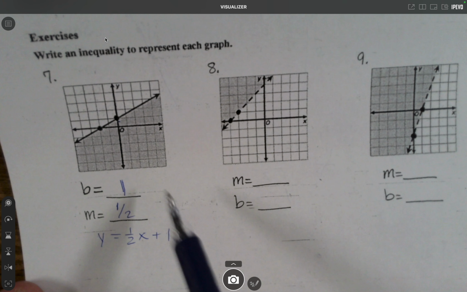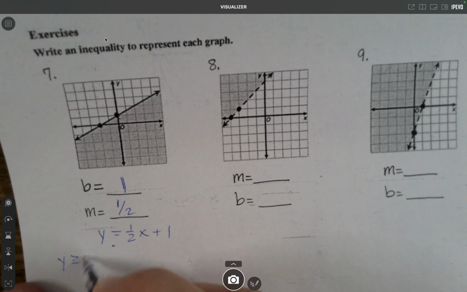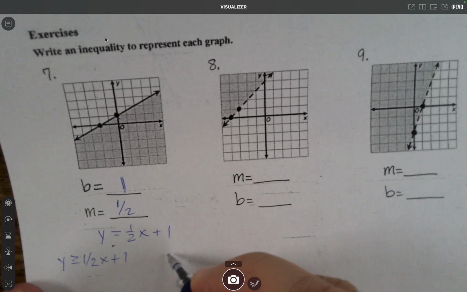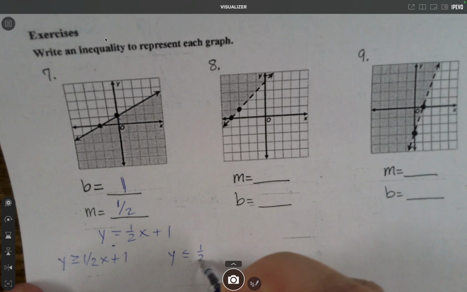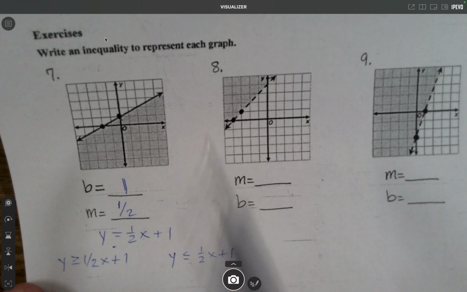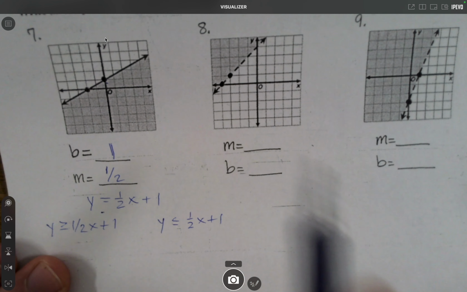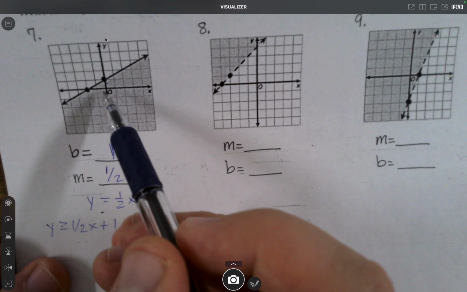Now, since this is a solid line, that means we either have to use greater than or equal to 1/2 x plus 1, or less than or equal to 1/2 x plus 1. We know it's got to be an or equal to because it's a solid line. So now we can pick 0, 0 again. We know 0, 0 should be true.